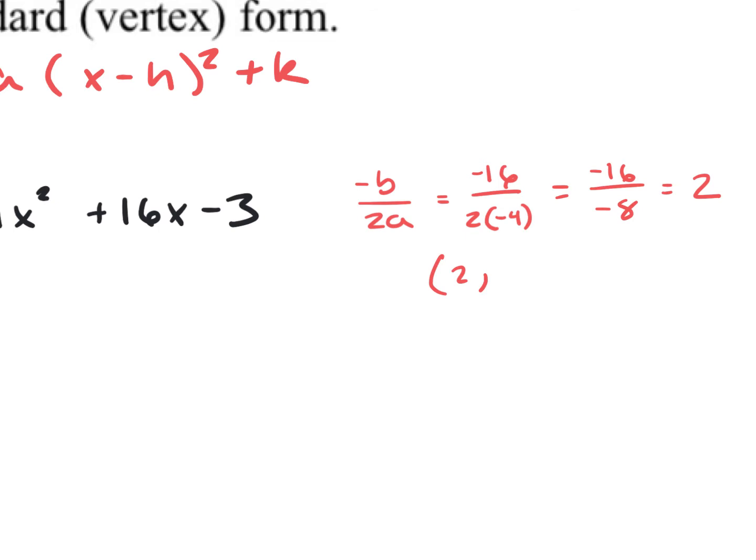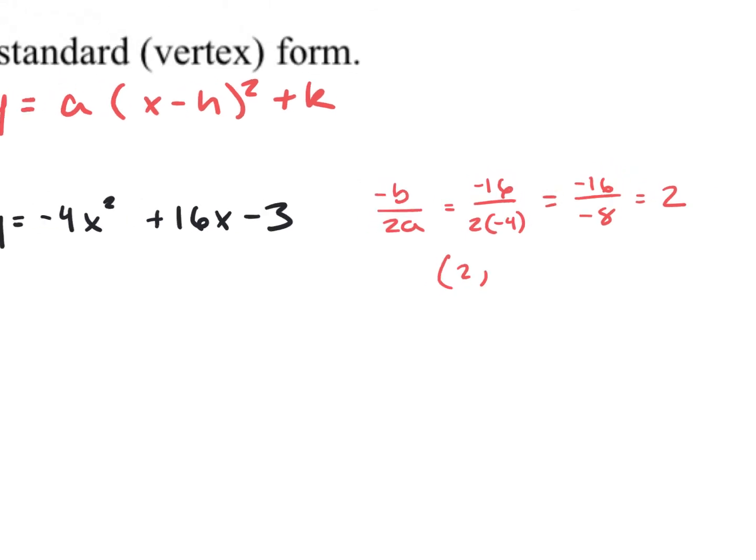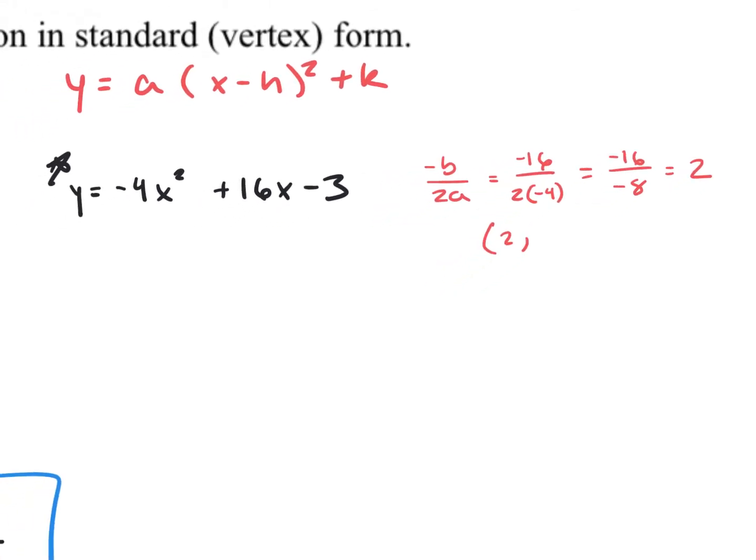How do I find the y? Plug it in. So I have negative 4 times 2 squared plus 16 times 2 minus 3. So here, this would be 2 squared is 4. 4 times negative 4 is negative 16.